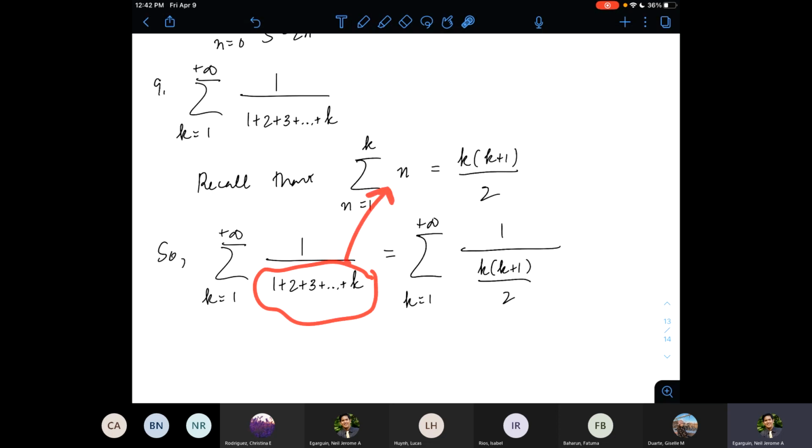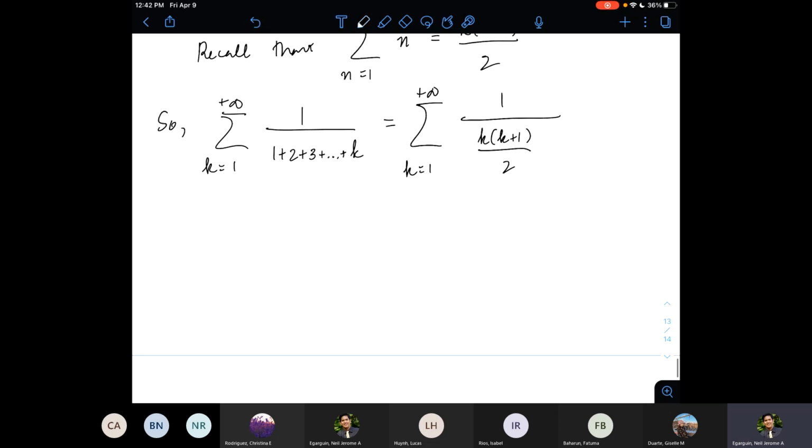You're summing up n's as n goes from 1 to k. So when you simplify this summation as a function of k, you'll get k times k plus 1 all over 2. Okay? And then you can write it as 1 over k squared plus k going from 1 to positive infinity.